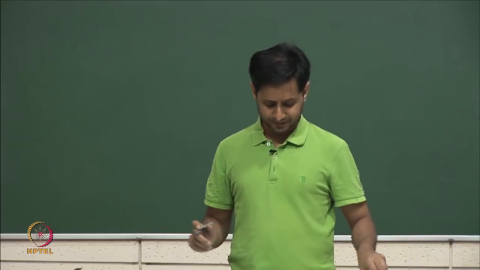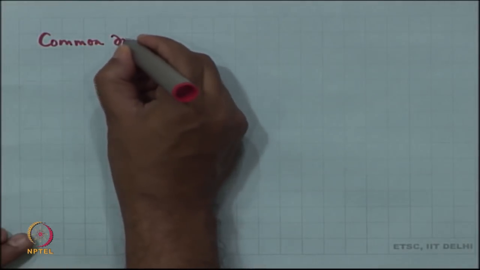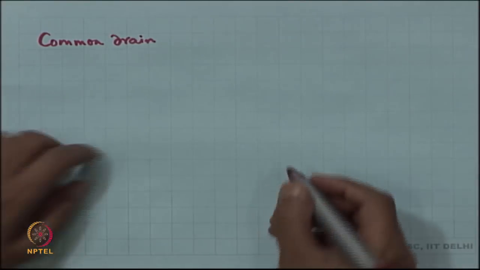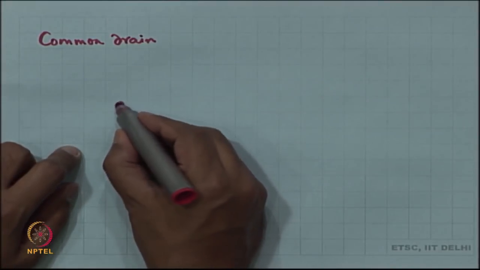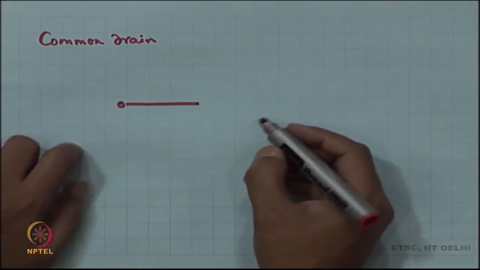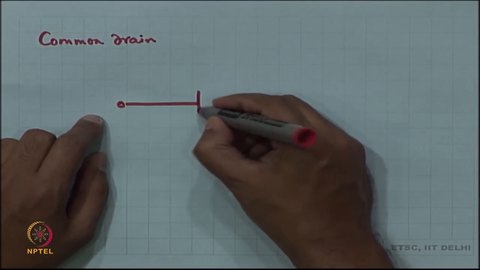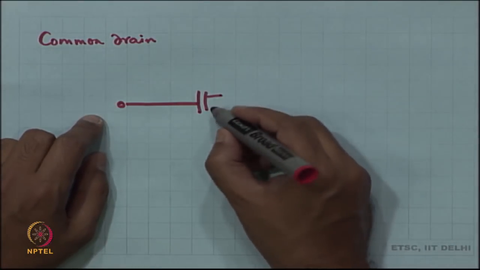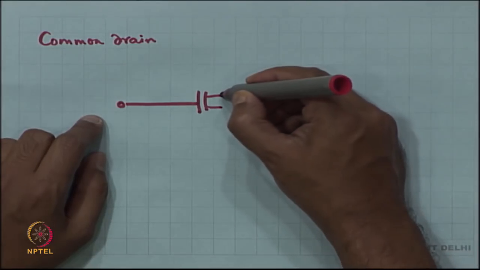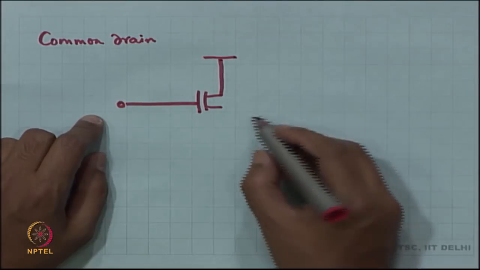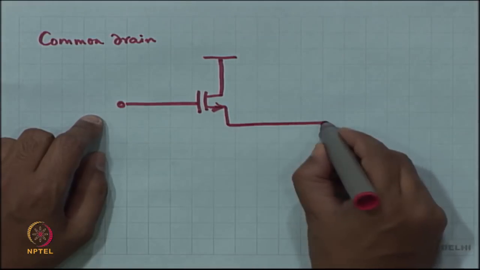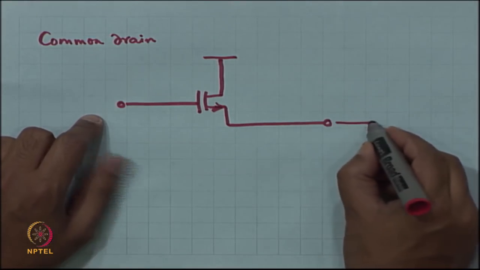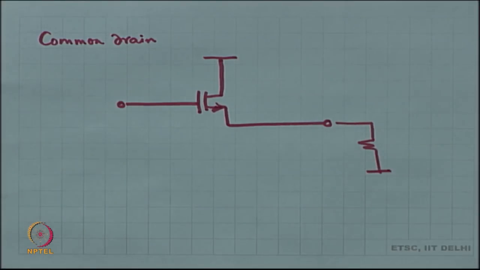So, the common drain circuit, this is the expectation that there is going to be an input port and then the drain of the MOSFET is going to be the common node. All right, this is the bare bone structure.